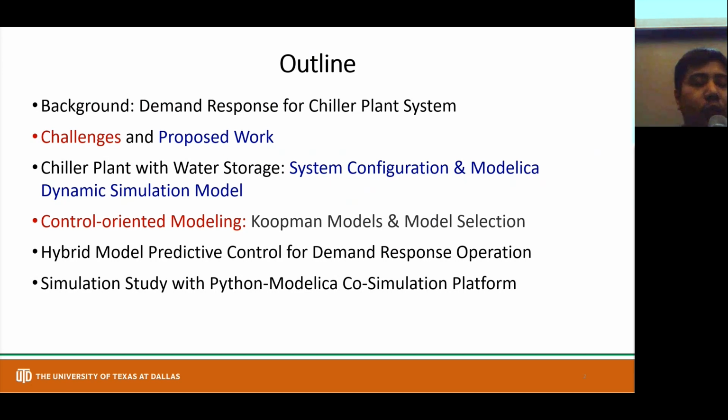And then we build a control-oriented model using a data-driven model with improved linearization and model selection to reduce the complexity. And then we designed a hybrid MPC for demand response operation, and the simulation study with Python Modelica co-simulation is shown at the end.